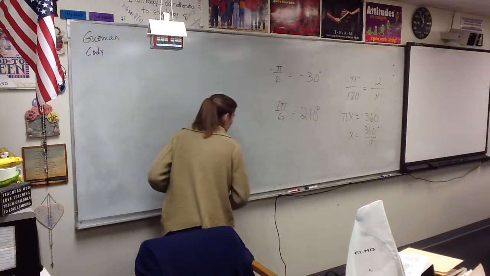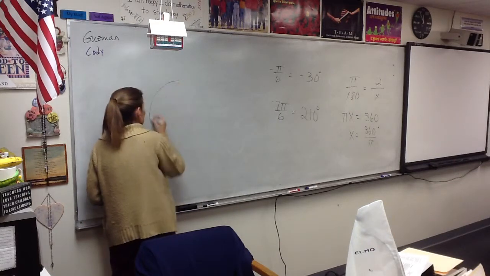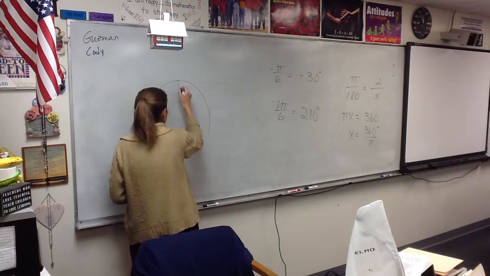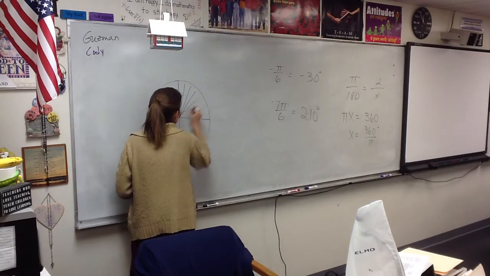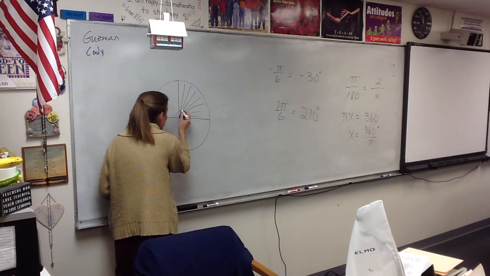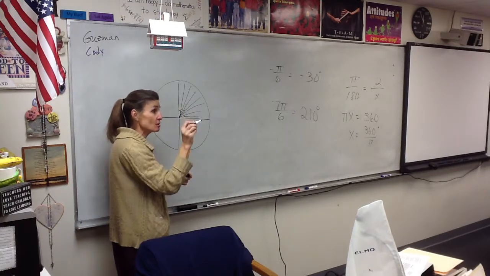A long time ago, some guys took a circle and divided it up into 360 parts. And each one of those little parts was a degree, right? 360 degrees in a circle.